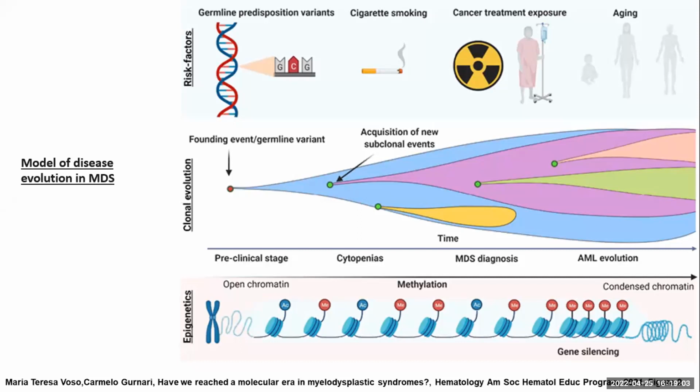And then with the progression of time, there is acquisition of new subclones. And this may actually be orchestrated by these other modifiable risk factors. And then you start developing those cytopenias, and there may be epigenetic modulation. And with time, then with clonal expansion, the diagnosis of MDS may then be made, which can also then progress to acute myeloid leukemia.